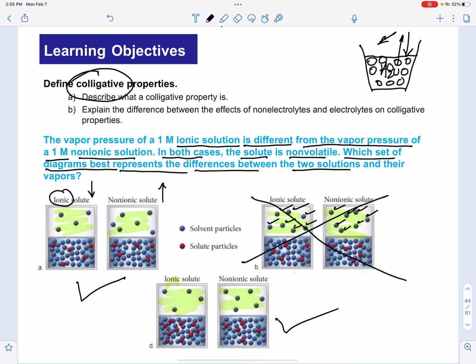But this one too. So, okay, we established that the vapor pressure on the ionic is going to be lower. Both of them are telling me that. So what's the difference? Well, if you notice, the ionic here has 1, 2, 3, 4, 5 ions, while the ionic on the other side has 1, 2, 3, 4, 5, more than 5.